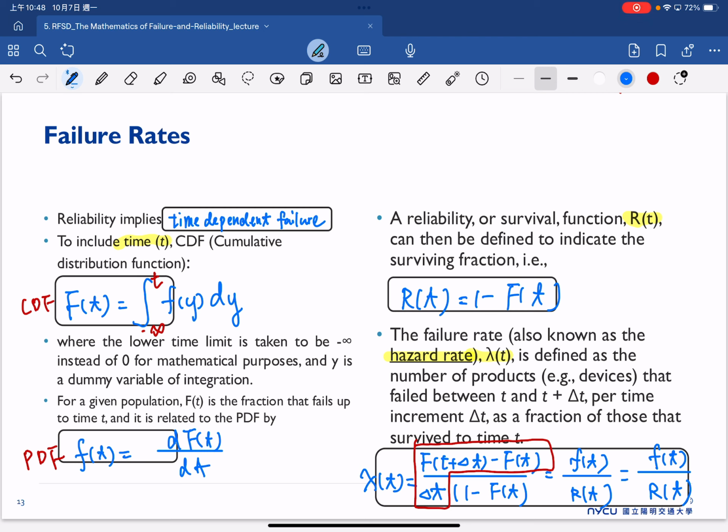So if you try to calculate the failure rate or hazard rate, it is just equal to the PDF over the reliability function.